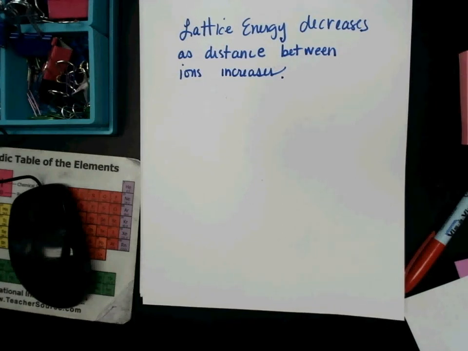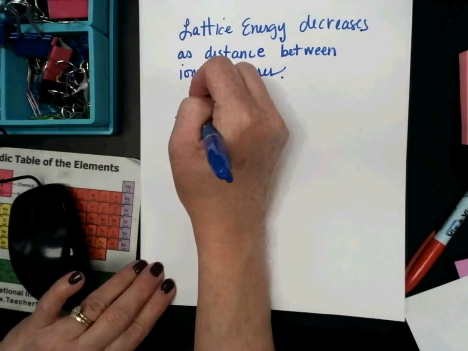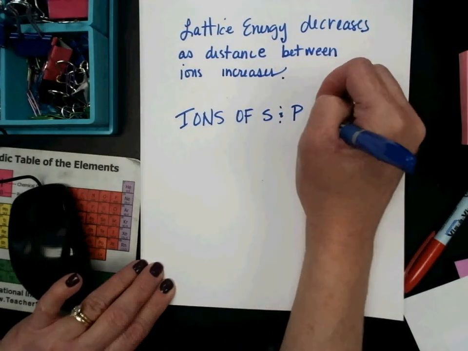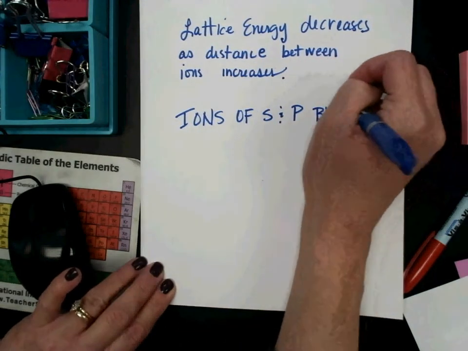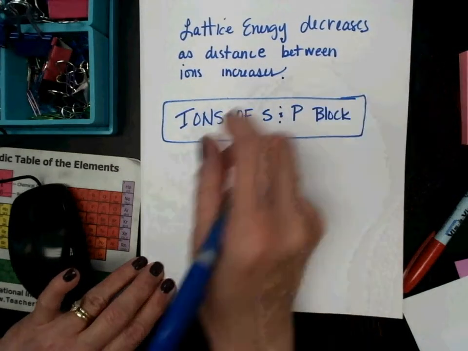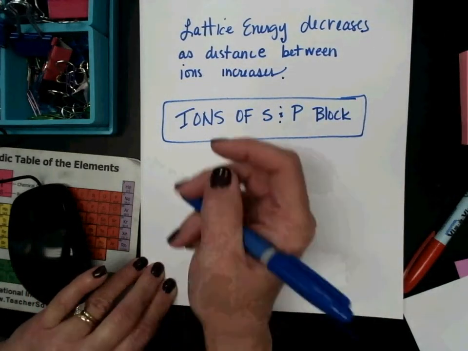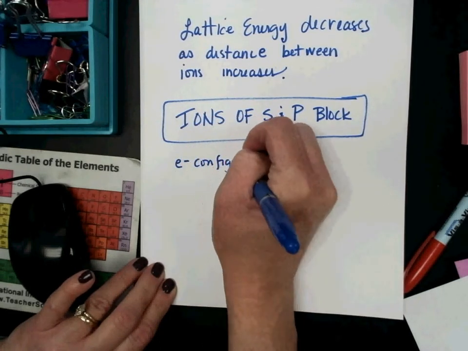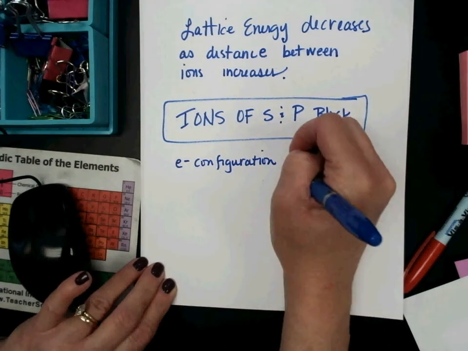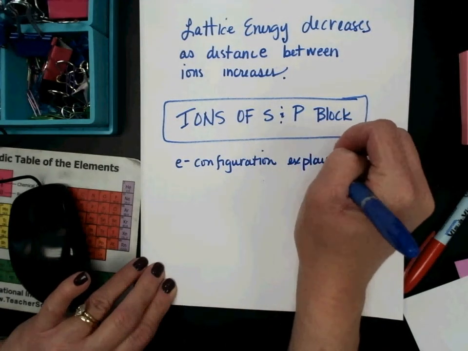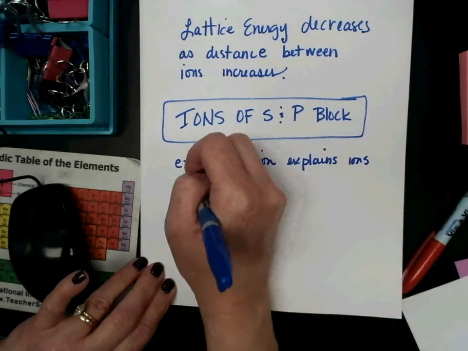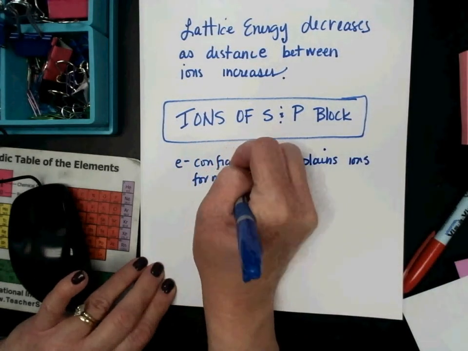So it follows a trend, just like we've been looking at everything else on the periodic table following trends. If I look at my ions of the S and P block, and I do some electron configuration, I can say that electron configuration explains ions formed.